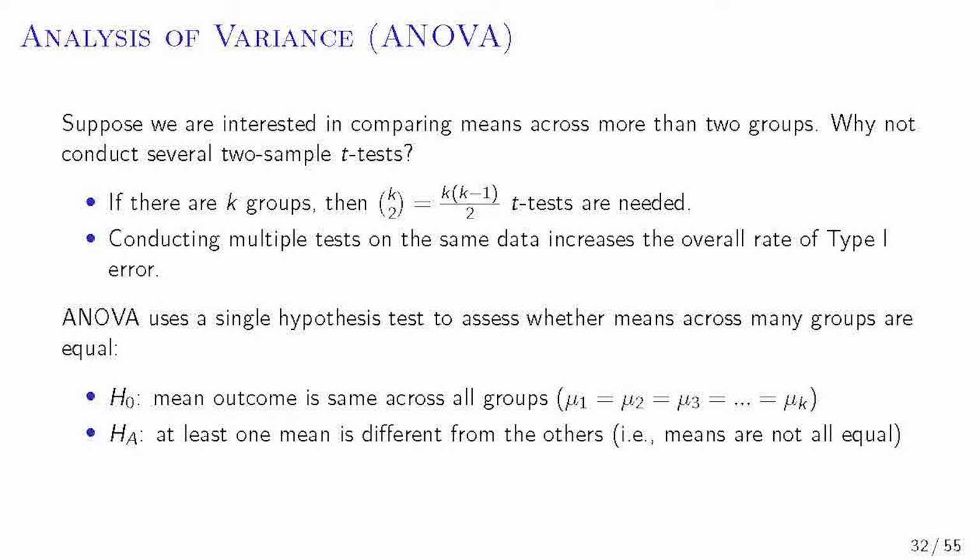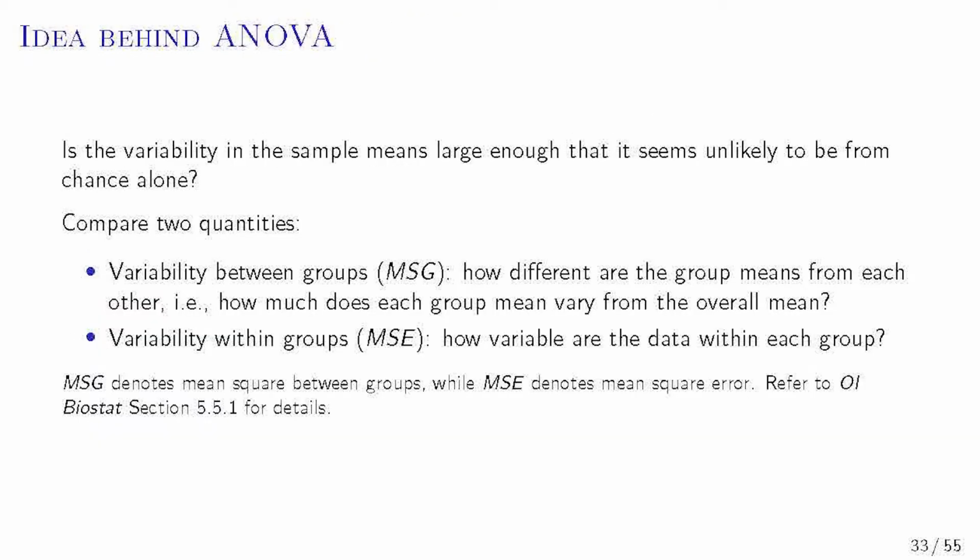With the ANOVA, we are able to test a single hypothesis across means of many groups. So our H0 is that the mean is the same outcome for all groups, and the alternative hypothesis is that at least one is different. The idea behind the ANOVA test is that it wants to see if the variability in the sample means is large enough that it seems unlikely to be from chance alone.